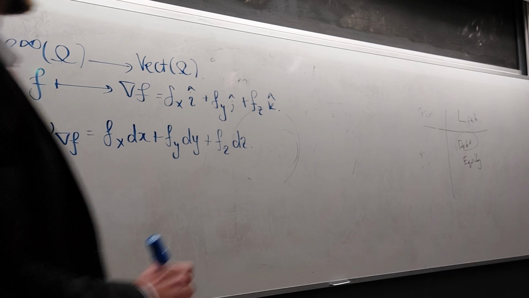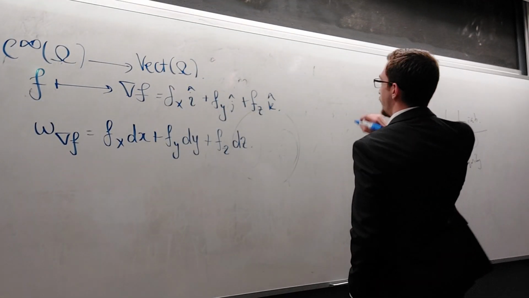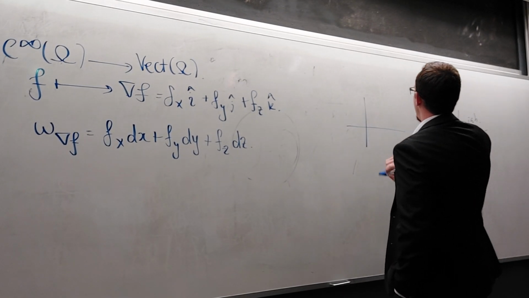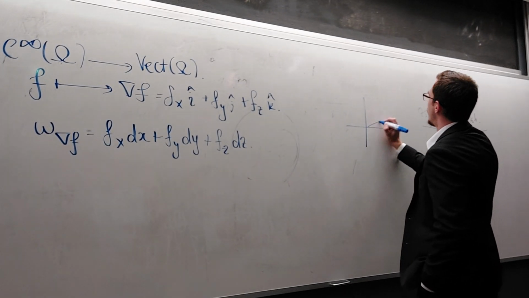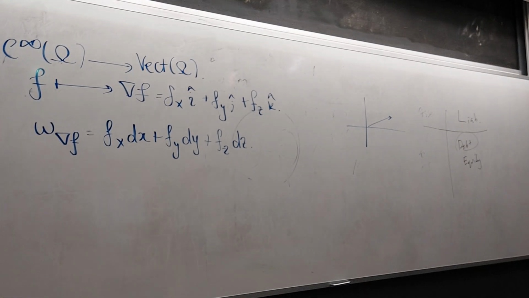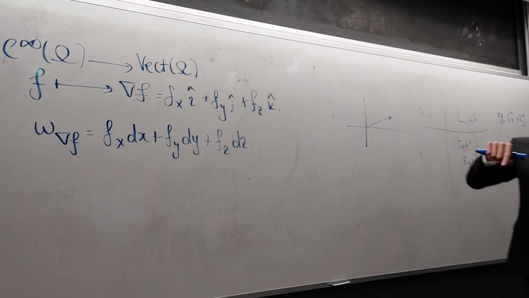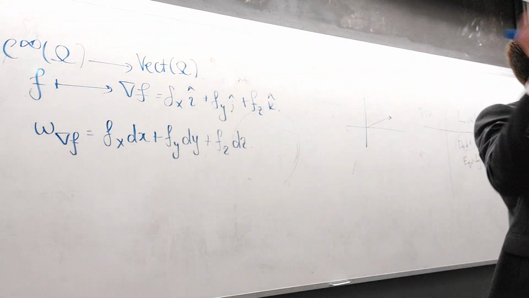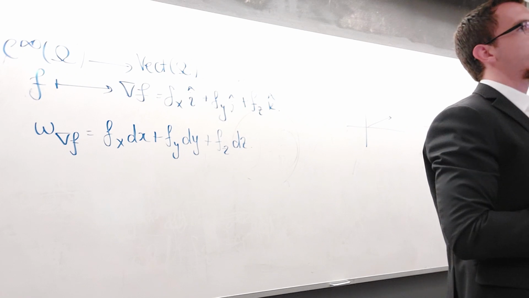So what do I mean by this? If I have a vector, I can think of it as a form. Does everyone agree with that? If I take, for instance, the vector 1i plus 2j, so 1 across, 2 up, I can think of that certainly as a form.